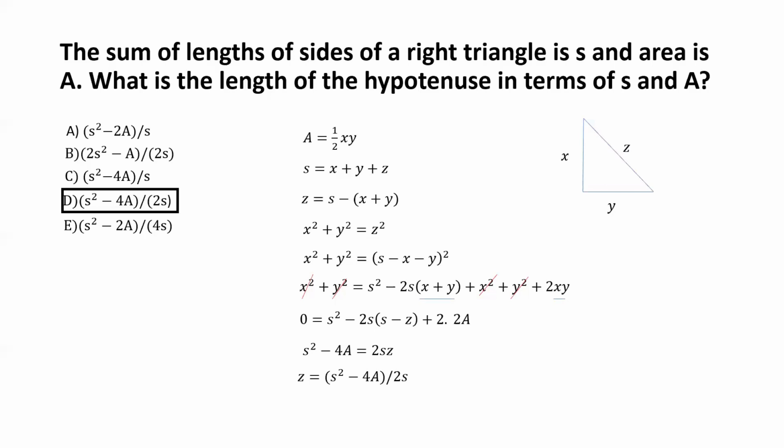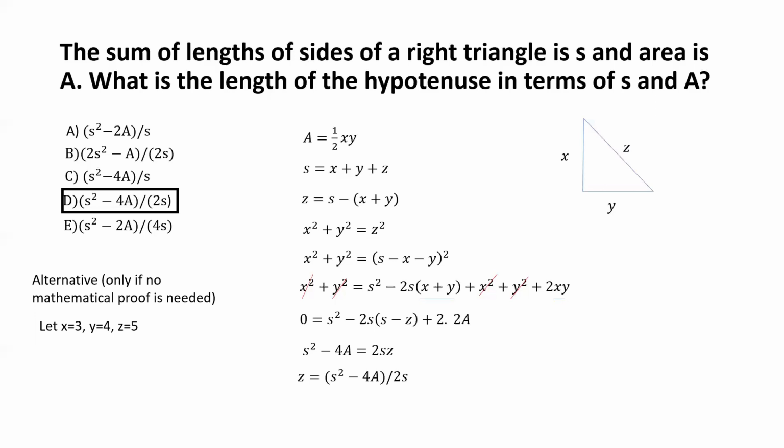Well, what's the simplest right-angle triangle that you can think of? Remember, the simplest Pythagorean triplet is basically 3, 4, 5. So if we have x equal to 3, y equal to 4, and z equal to 5, then that makes a right angle triangle, and the sides are simple integers.